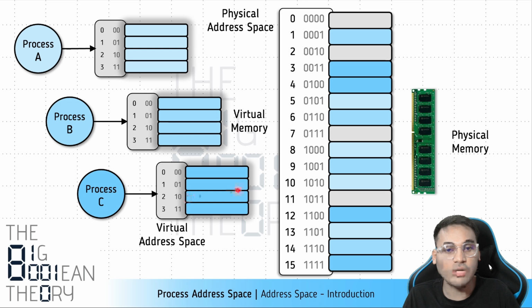Same for process C. But in reality, memory is 16 bytes long and it has the data of all the processes, right? By having this concept of virtual address space and physical address space, by having this mechanism, the operating system has created an illusion for each process that the memory is private to them. And this illusion of private memory is called virtual memory.